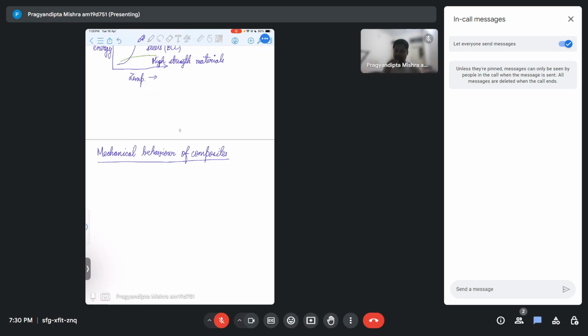Okay. And the matrix is the one that transfers the load to the reinforcement. So it should have the capability to transfer the load to the reinforcement.